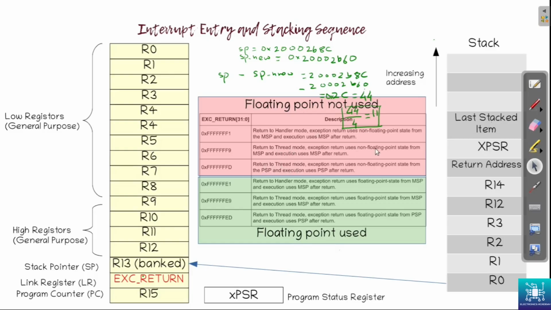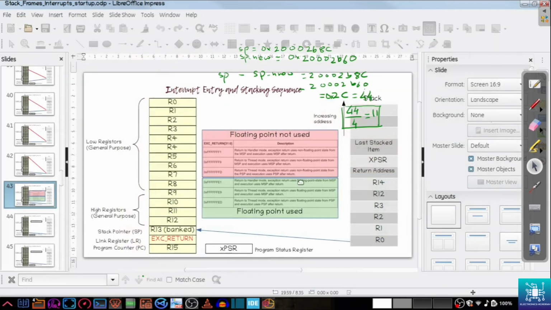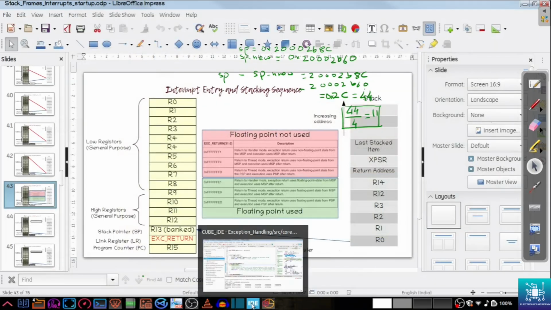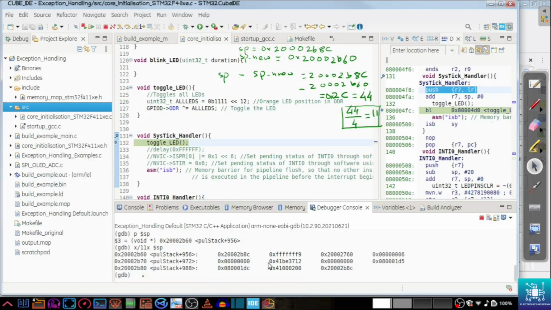Exception return uses non-floating point state from MSP execution and uses the main stack pointer after return. So what we see here is that the stack size is much smaller, and it is using the non-floating point mode. So that is why you see 7Fs and a 9. We will see this value change when it uses the floating point mode.